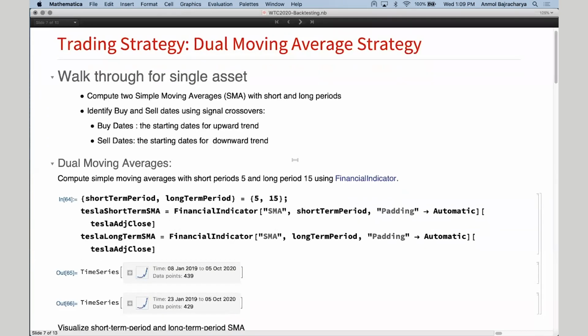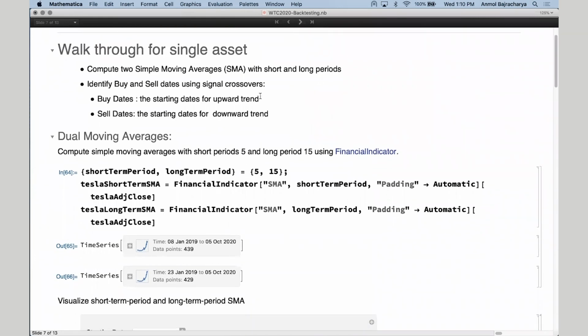Before going into the details of how this trading strategy can be applied to all 4 stocks, I want to go through a single asset so that I can show the process. Here I will be computing 2 moving averages, simple moving averages with a longer and a shorter period.